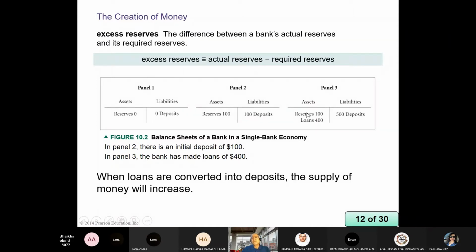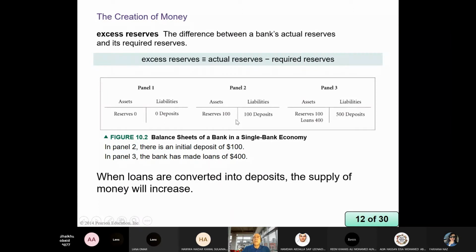So here there is no excess reserve, because this bank kept a reserve equal to the required reserve, which is 100. But if the reserve is more than 100, there will be excess reserve.